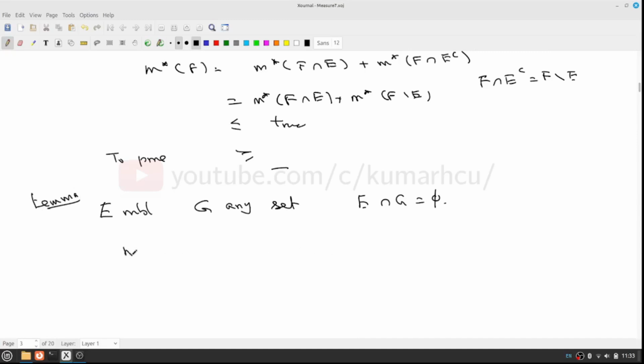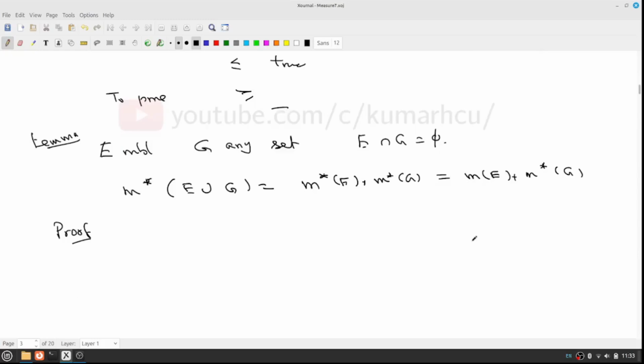Then we want to say m star of E union G is m star of E plus m star of G. But remember, since E is measurable, m star of E is the same as m of E, plus m star of G. That is, outer measure becomes additive if one of them is measurable. This is a very interesting result, and it has a very trivial proof.